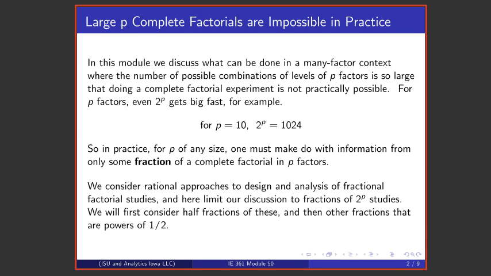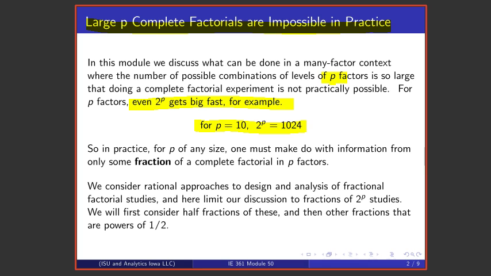The basic notion here is that we're going to talk about many factor studies where it's really impossible, practically speaking, to do a full factorial study. If one has, say, p factors, even if there are only 2 levels for each factor, the number of possible combinations of those factors explodes.